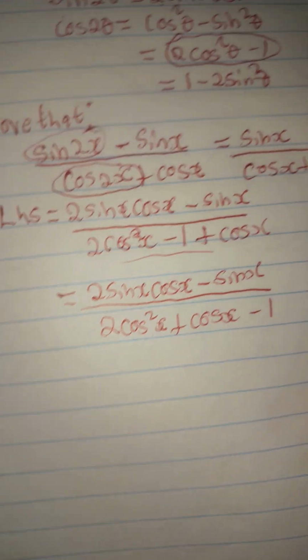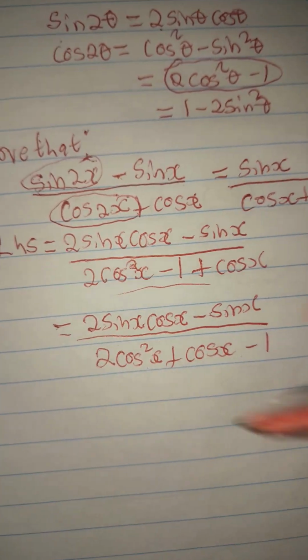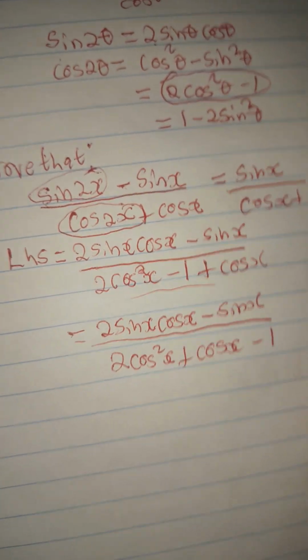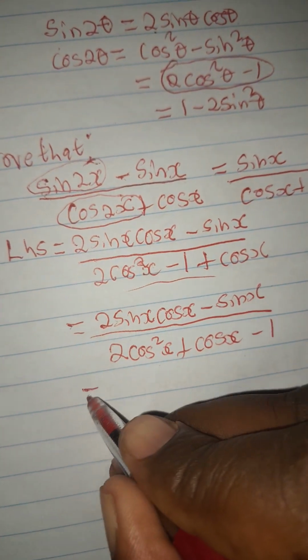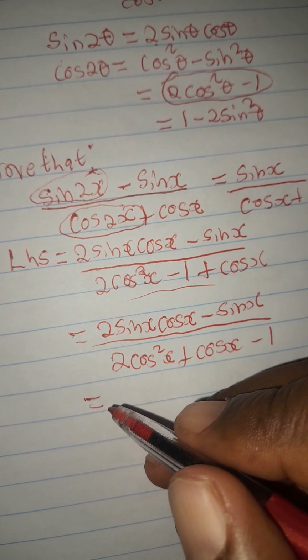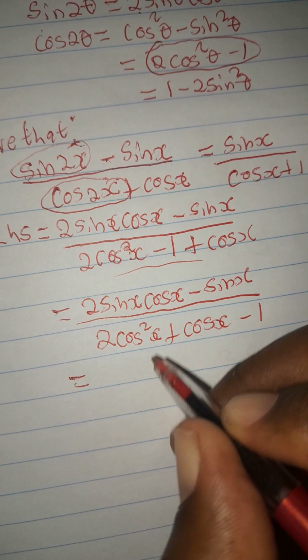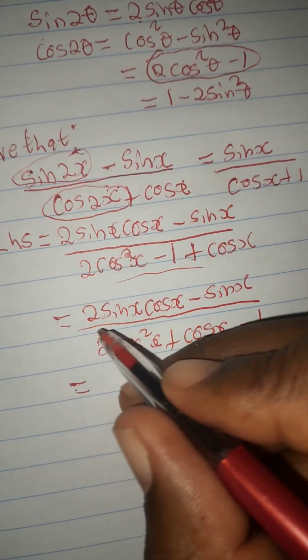This is a quadratic trinomial, so we need to always look for a trinomial. There's a trinomial here, but there's also a highest common factor in the numerator.